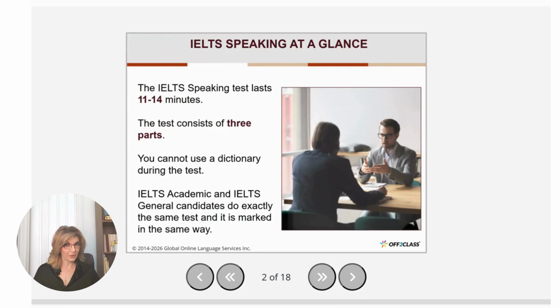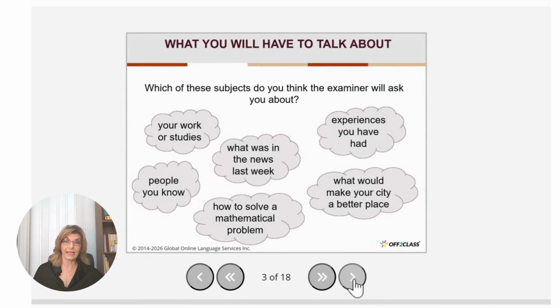Most of you know this, but if not, the IELTS speaking test lasts 11 to about 14 minutes. The test consists of three parts. Of course, you cannot use a dictionary, and as I said before, it's marked in the same way. So let's take a look at part one and what kinds of topics the examiner is going to ask you about.